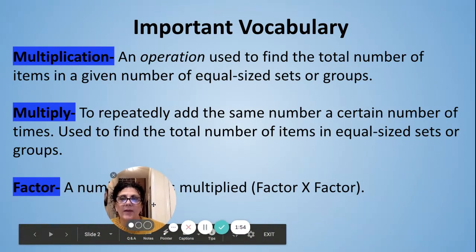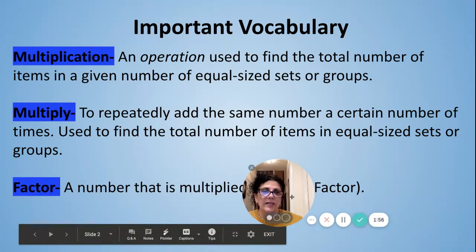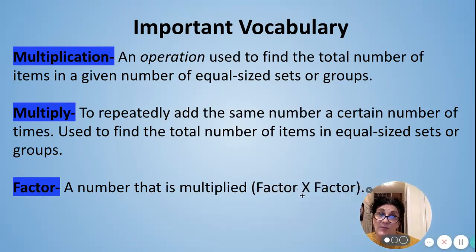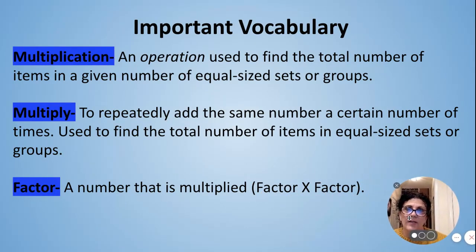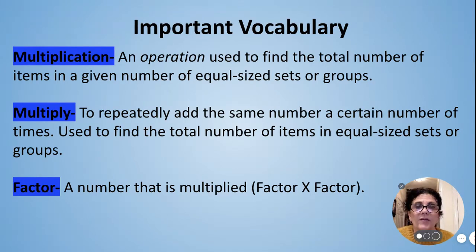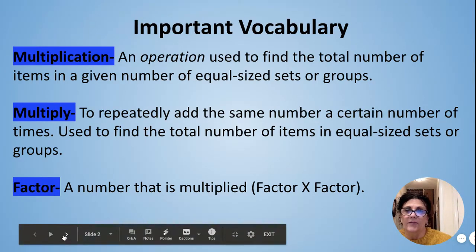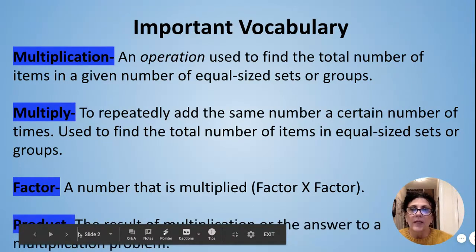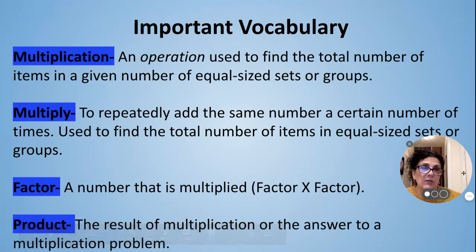Other common words you're going to hear me say: a factor times a factor is a product, oftentimes. The number that is multiplied is a factor. The product is simply an answer to a multiplication problem.